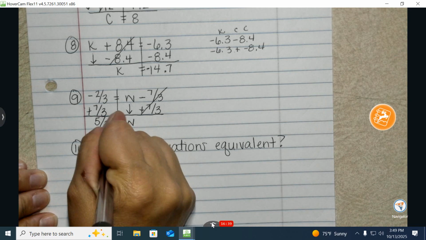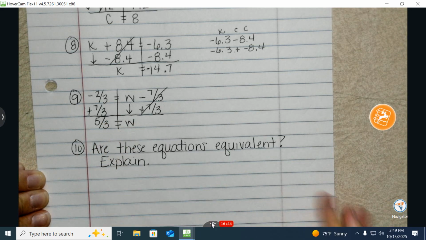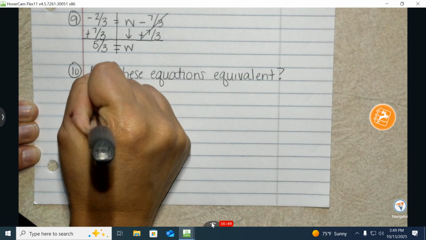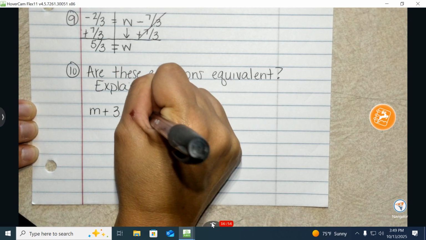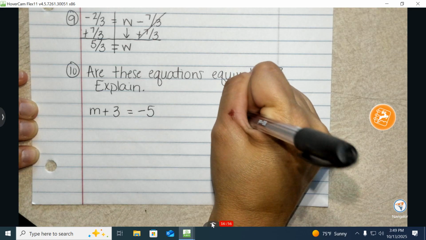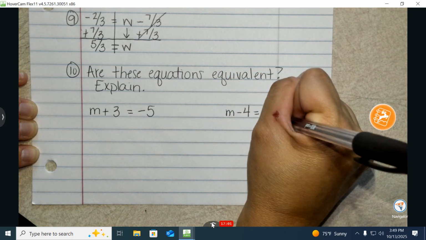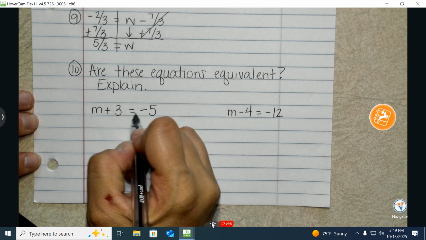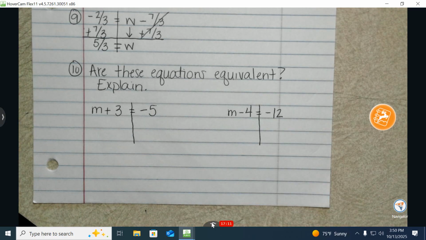And then you need to explain what makes them equivalent. So you have m plus 3 equals negative 5. And then you have m minus 4 equals negative 12. Okay, so we're going to solve both of these. So go ahead and pause your video and solve both of them.